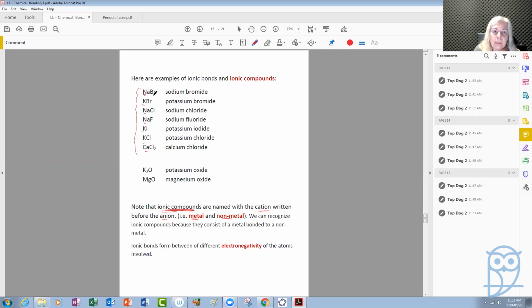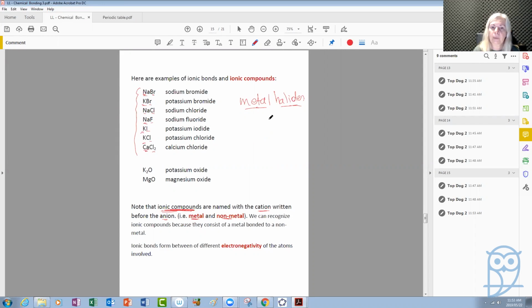And the second parts are all halogens, if you can see. So in other words, all the metal halides are ionic compounds, because a metal and a halogen, a metal halide, are bonded through an ionic bond.